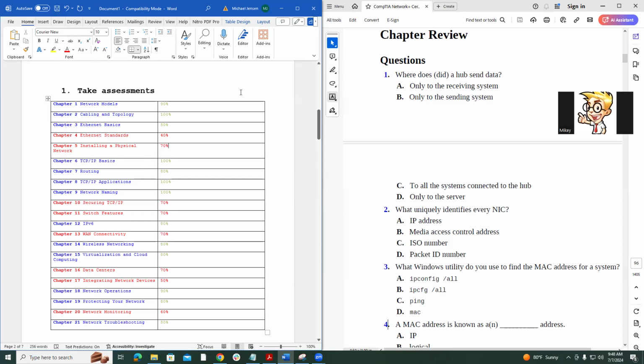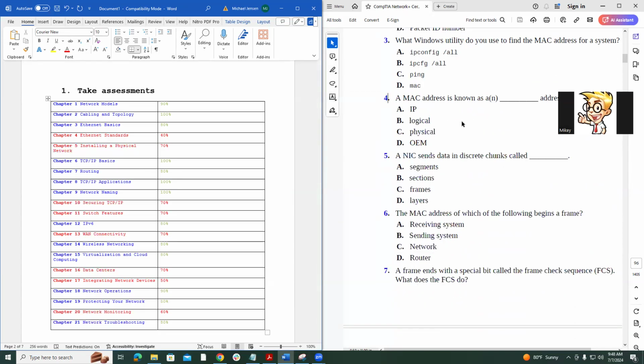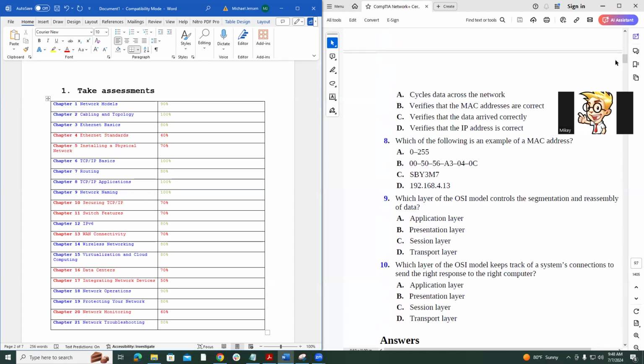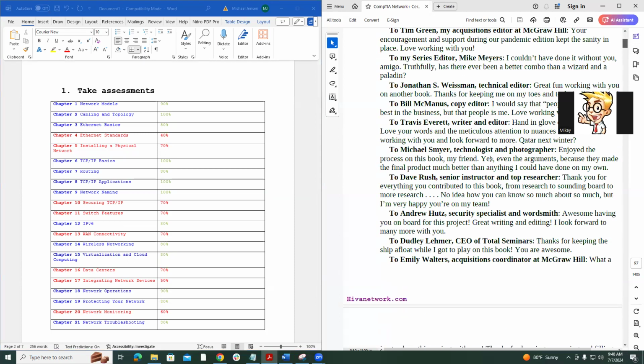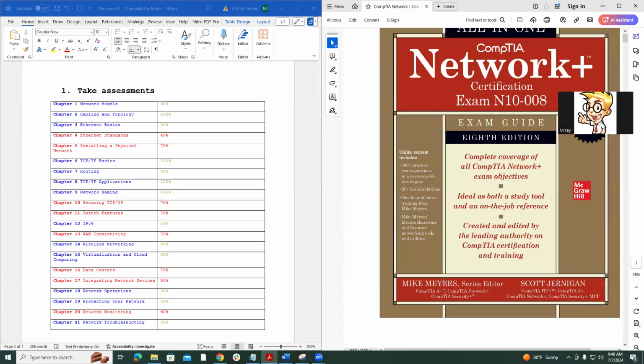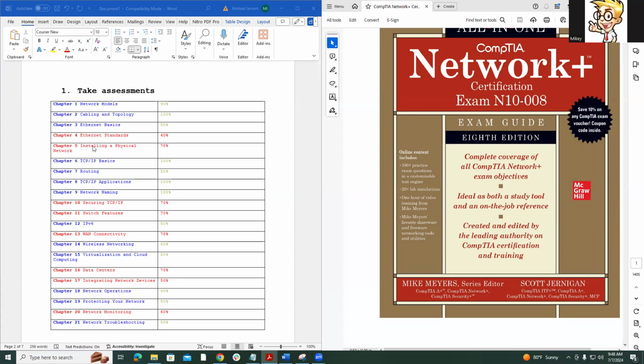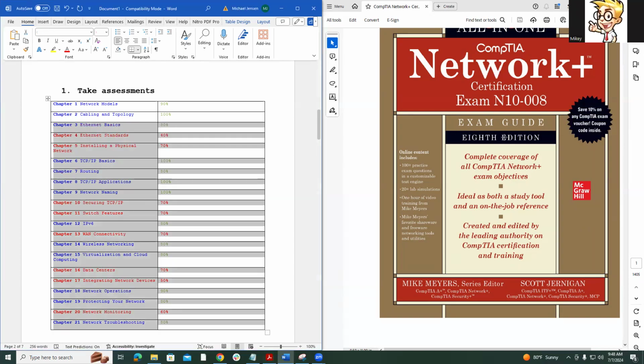So how can you take assessments? There are little quizzes at the end of each chapter in this book from Mike Meyers. I do like Mike Meyers a lot, and I promote Total Seminars quite a bit. There are 21 chapters, and you can assess after reading each chapter and see how you are.